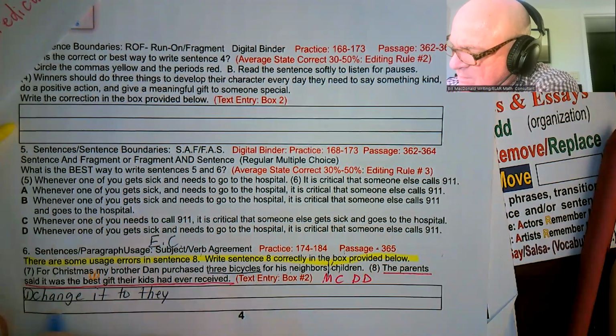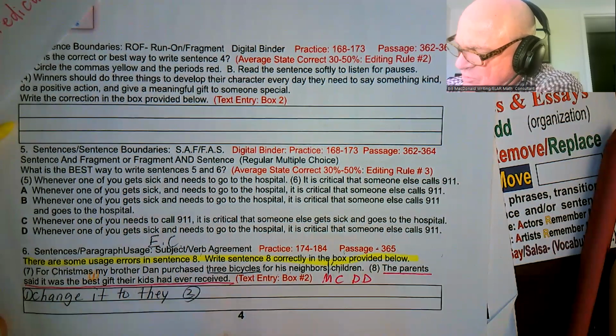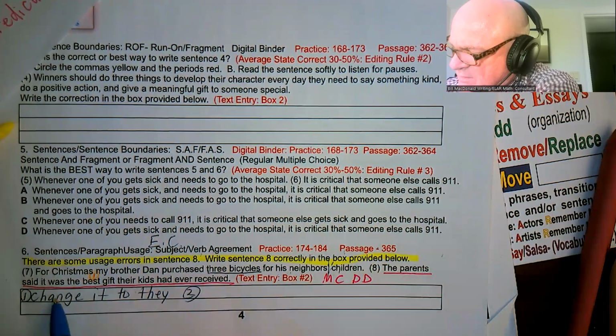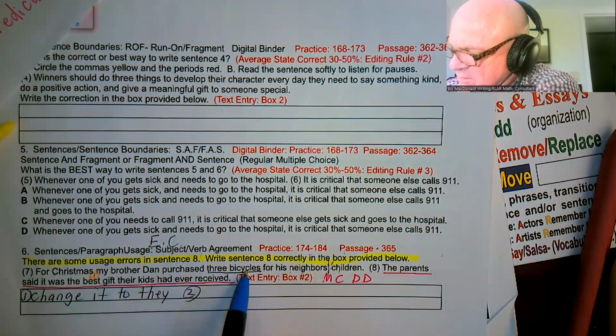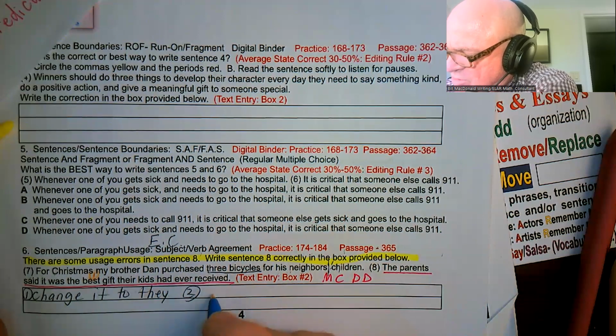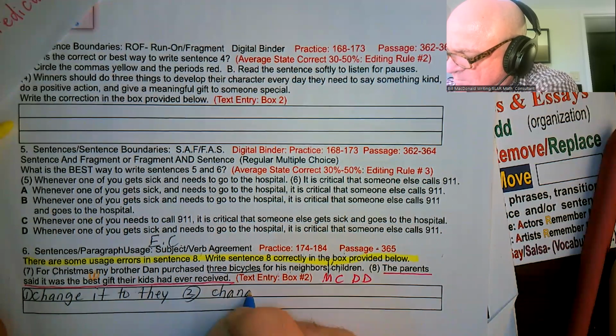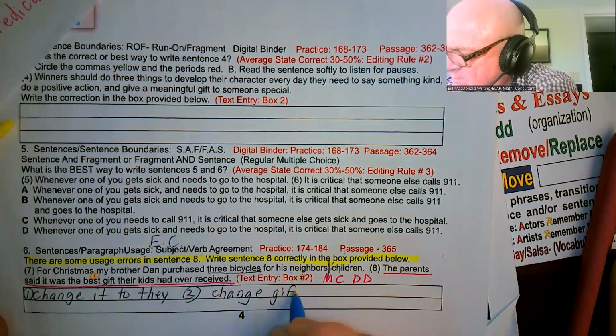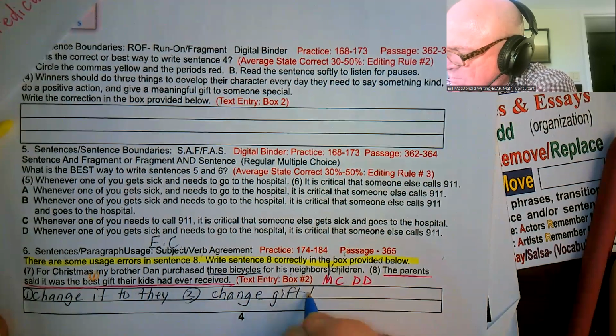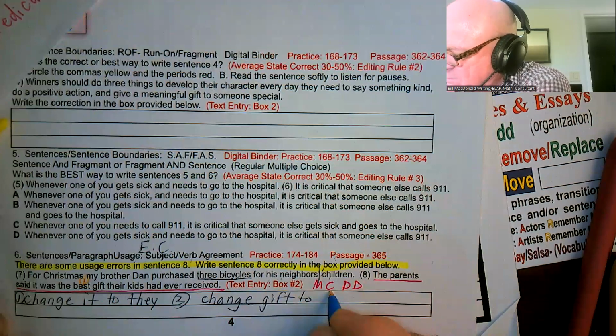Okay. The second multiple choice or drop down, it was the best gift. Since the gift was bicycles, I can't use gift, so we would have to use the phrase change gift, singular, to gifts.